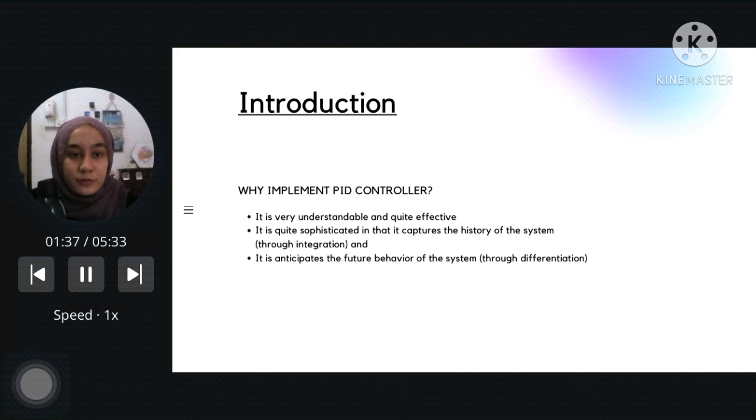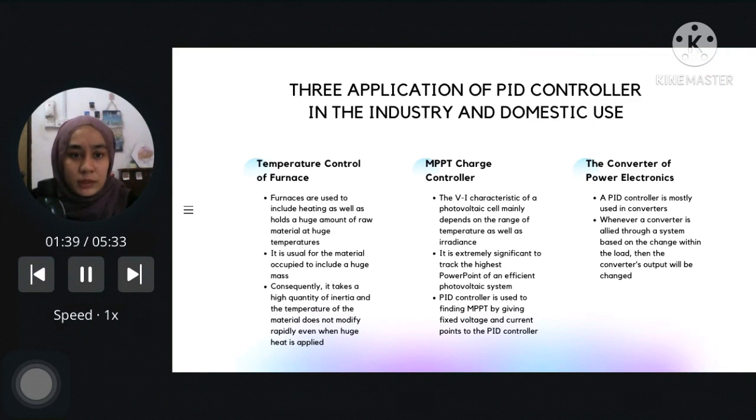We move to the next point: the application of the PID controller in industry and domestic use. The best PID controller application is temperature control, where the controller uses an input of a temperature sensor, and its output can be applied to a control element, like a fan or heater.